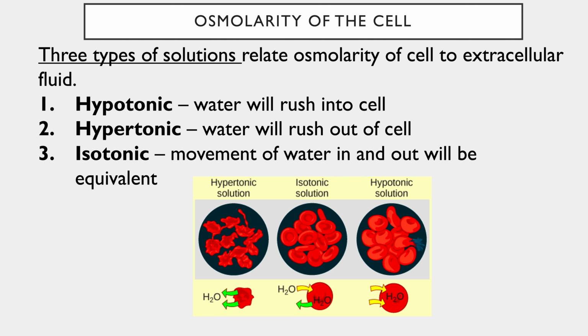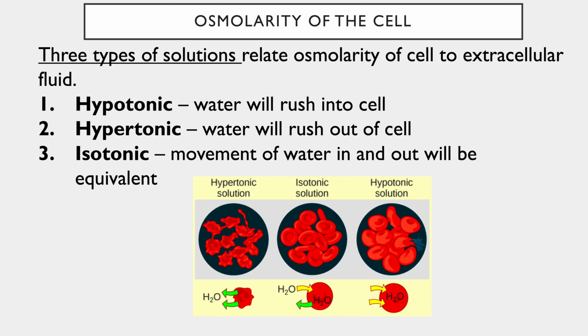Hypotonic, which means a very low concentration of solutes inside of the cell compared to outside of the cell. This will cause water to rush into the cell, and in animal cells will cause that cell to lyse. Hypertonic solutions are the exact opposite of that.